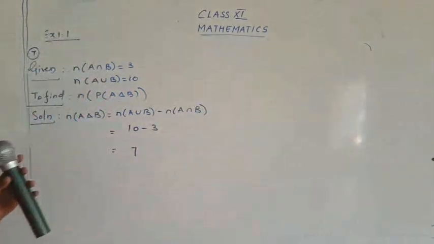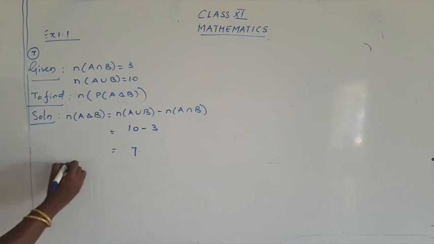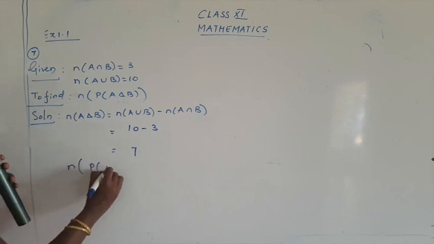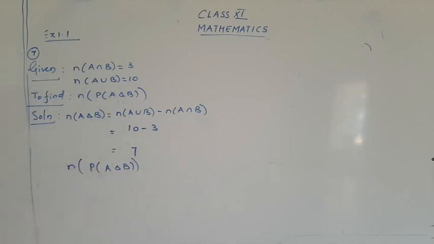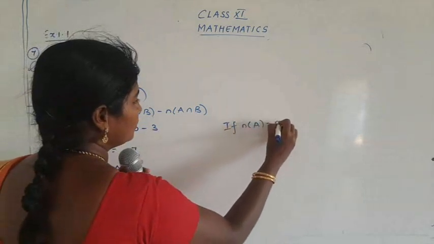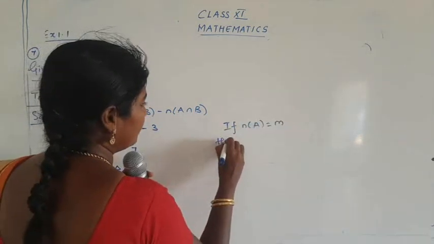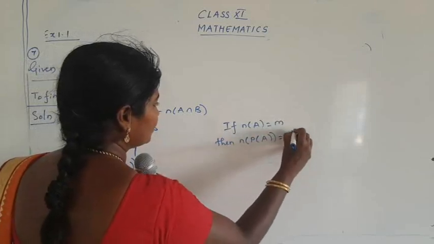So now what have we found? We have found n(A Δ B). Now what we are going to do? We are going to find n(P(A Δ B)). Already we have applied the formula in the previous sum, the sixth sum: if n(A) is equal to m, then n(P(A)) is equal to 2 raised to m.